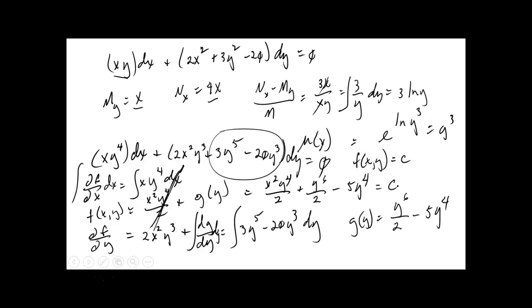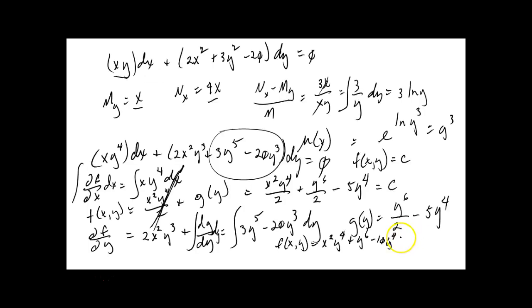As you might guess, I don't particularly like the fractions in there, so I'm going to do a slightly different f of x, y and make that x squared y to the 4th plus y to the 6th minus 10y to the 4th, because I multiplied everything by 2, and that's equal to some constant c.